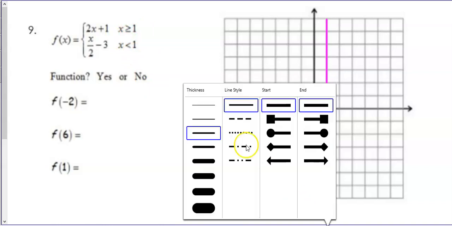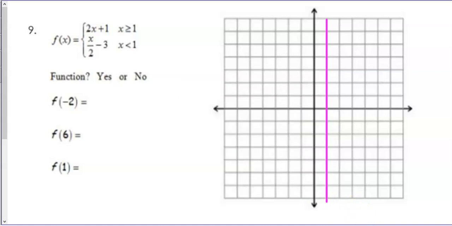I'll do a green here. Closed circle at 1. 2 times 1 is 2, plus 1 is 3. So at (1, 3), we have a closed circle. This one's linear. We know that it's on this side of the graph. They kind of did it backwards. So it's on the right side of the graph.